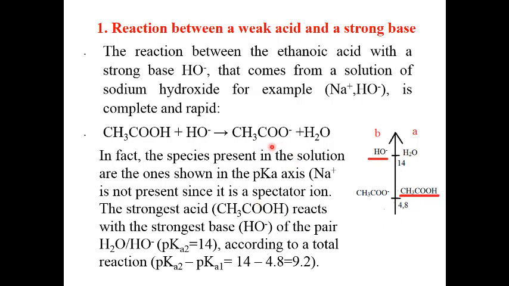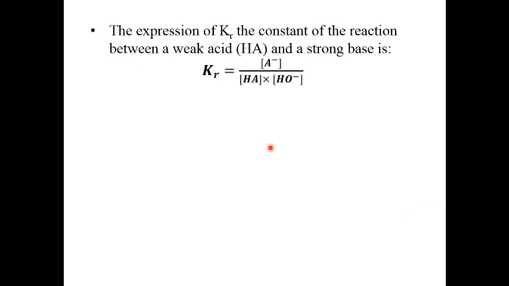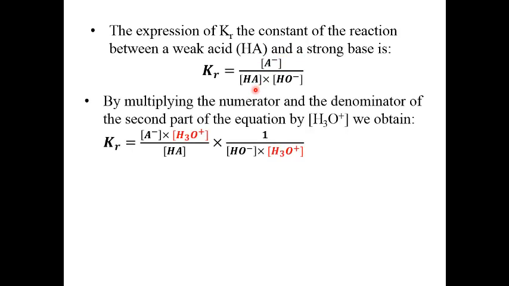So for this reaction, what is the expression of Kr? As seen previously, Kr is equal to the following. This is in general for any strong base reacting with an acid. Now, by multiplying the numerator and the denominator by H3O+, and writing the same equation in a different way, by separating the products, this implies that Kr equals Ka over Kw.